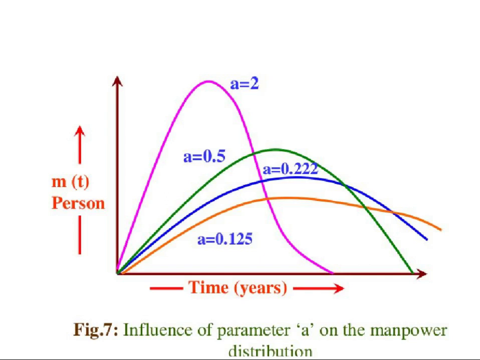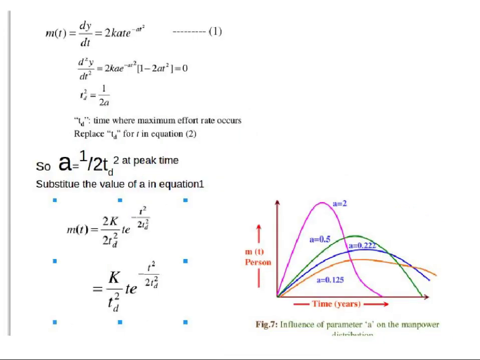By differentiating the manpower function with respect to time and finding the zero of this derivative, the relationship between the peak time Td and a can be found: d²y/dt² = 2Ke^(-at²)(1 - 2at²) = 0. Therefore, Td² = 1/2a, where Td denotes the time where the maximum effort rate occurs. Thus, the point Td on the time scale should correspond very closely to the total project development time.